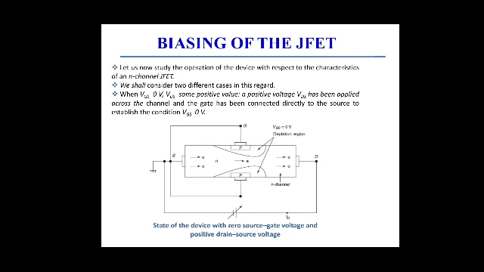The operation of N-channel JFET and P-channel JFET is the same. The only difference is that the biasing voltages will be reversed. In the case of an N-channel JFET, you will use a negative voltage at the gate terminal.